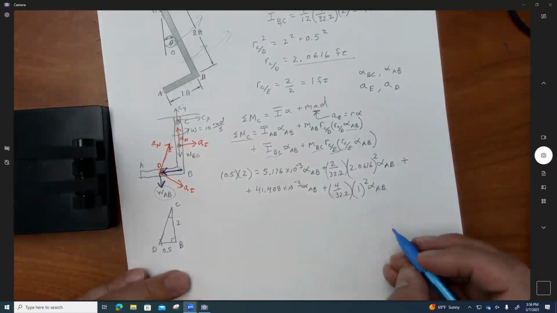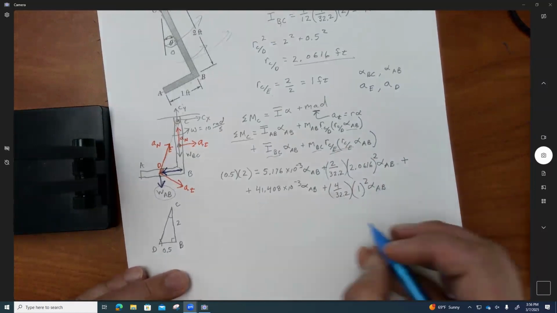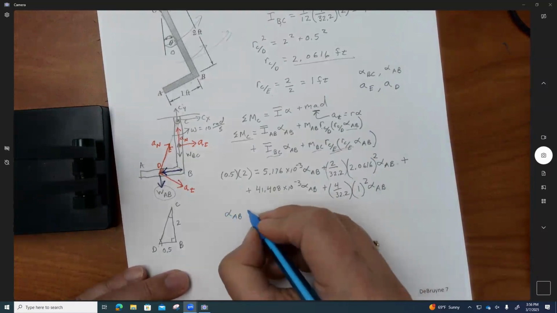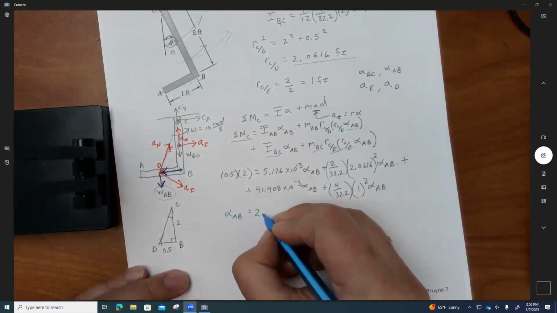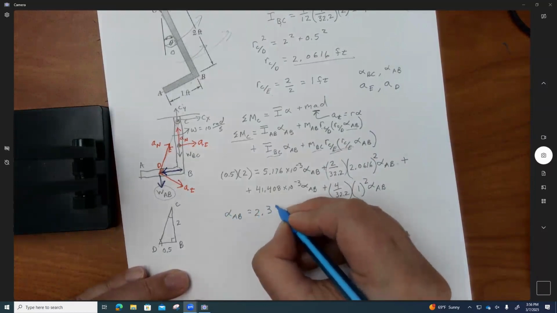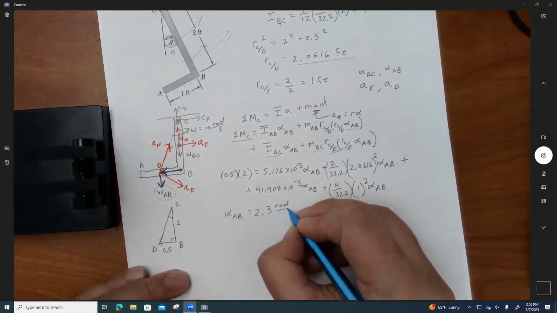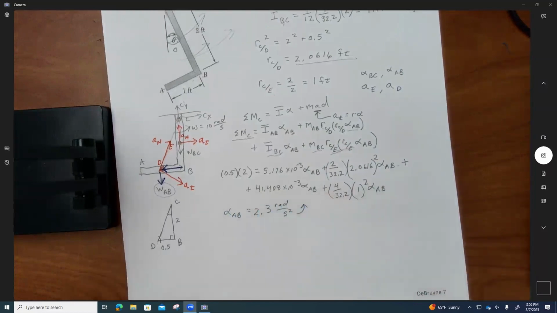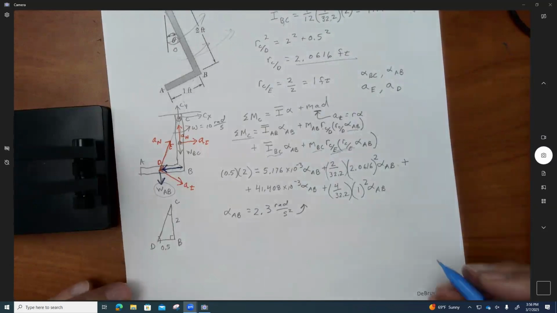So if we solve this, we should find that alpha, what we called alpha AB, which is alpha for the whole system, is 2.3 radians per second squared. And since we are going counterclockwise, we are going to call that a counterclockwise positive K direction.